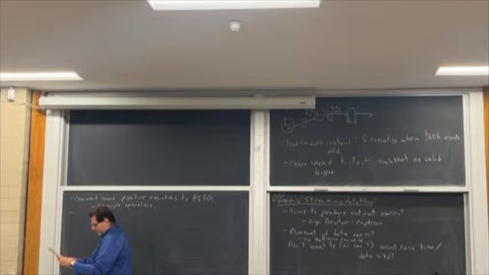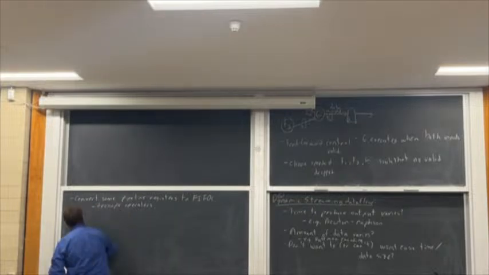But let's draw what we've got so far. We had F1 and F2 feeding G with just registers, and now we're going to change that so they have a FIFO.